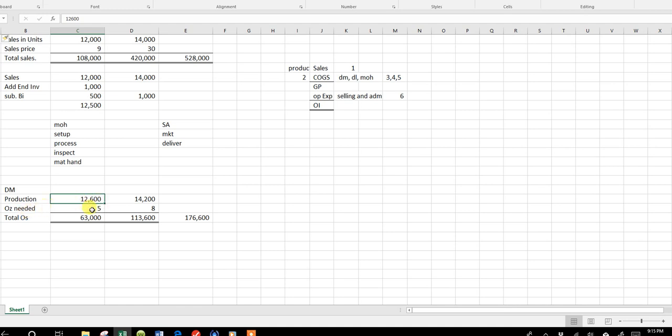I've already talked about that, so we're just going to do the plastic. So my total ounces needed are 63,000. However, I need to add ending inventory because I want some left over, but I have to subtract beginning inventory because if it's already there, I don't need to buy it again.